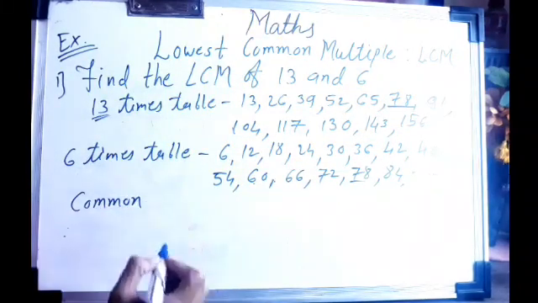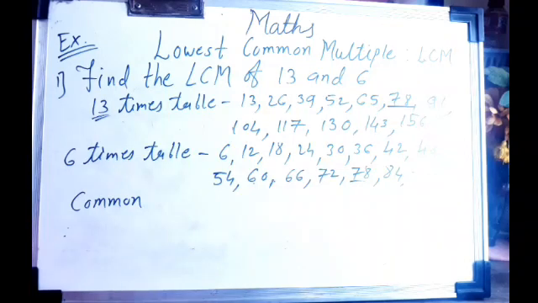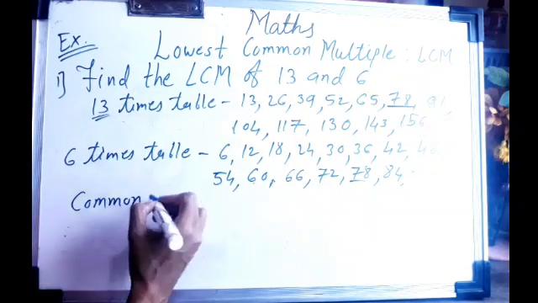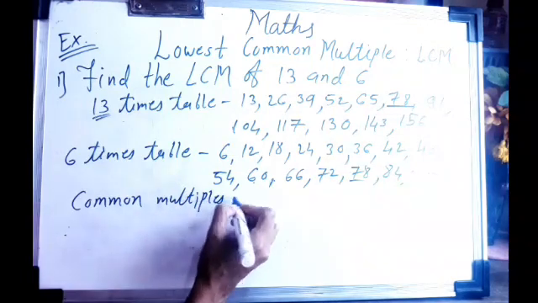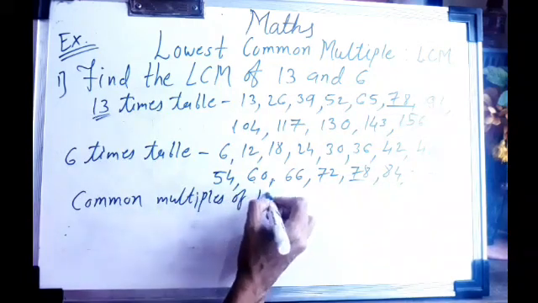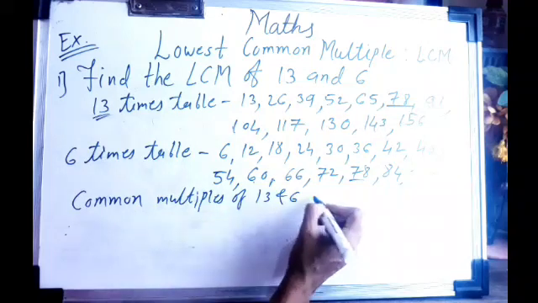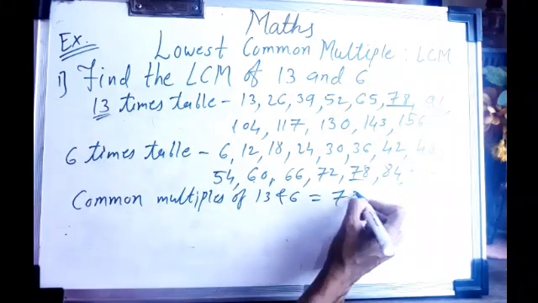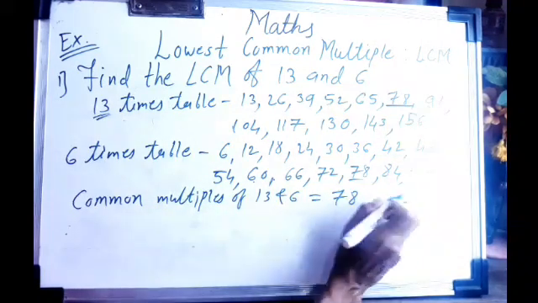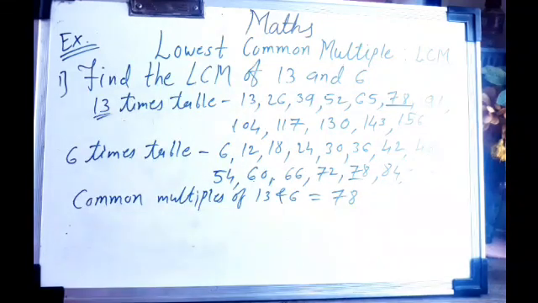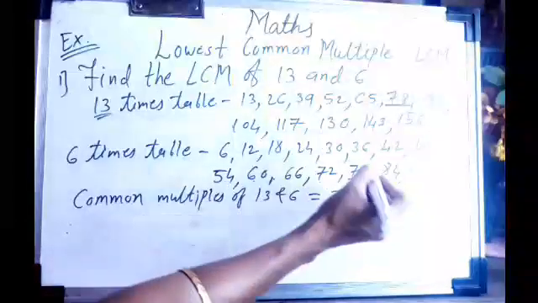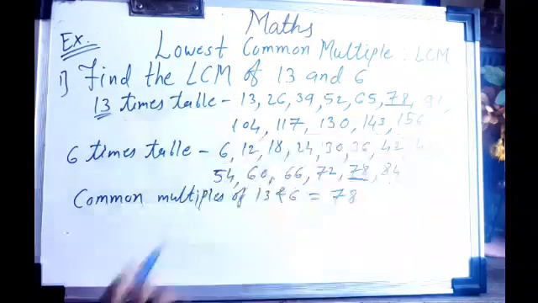The common multiple of 13 and 6 we got is 78. You can get more also, it's not simply one, you can get more numbers as common multiples, but here when we extended the table, we found at least one common multiple, that is 78.